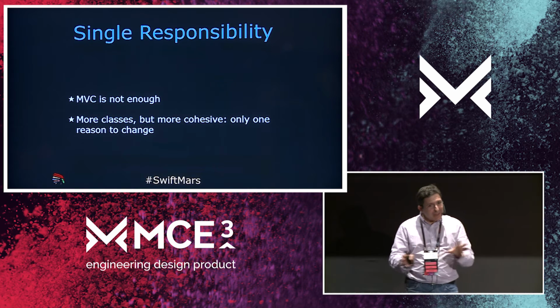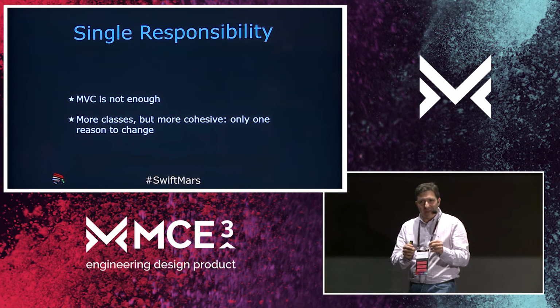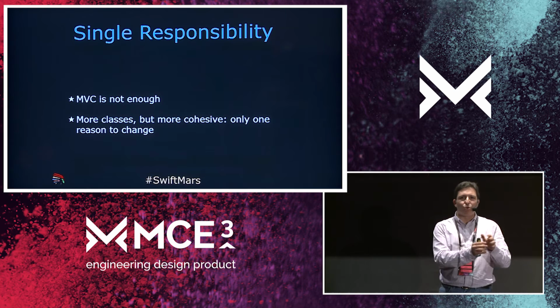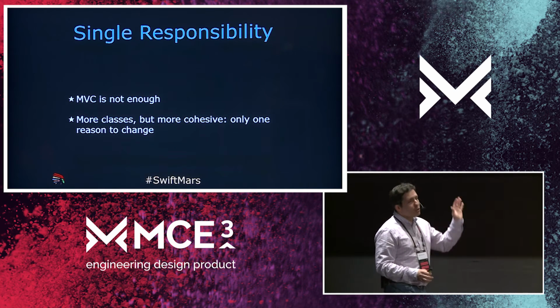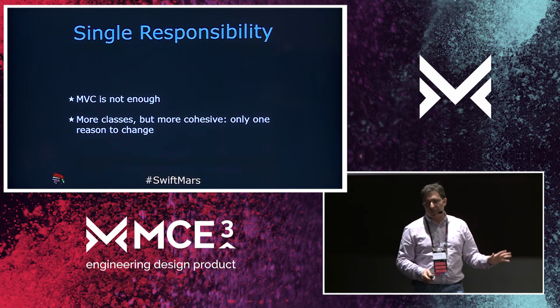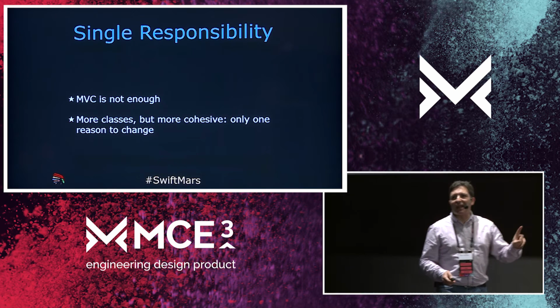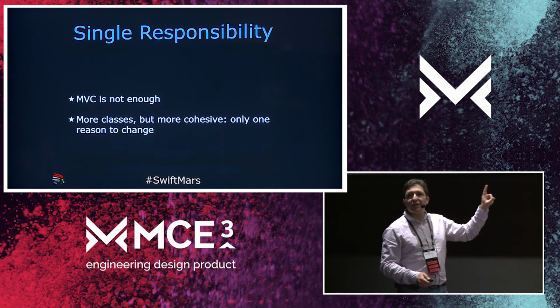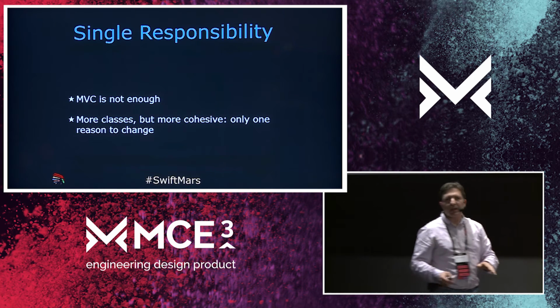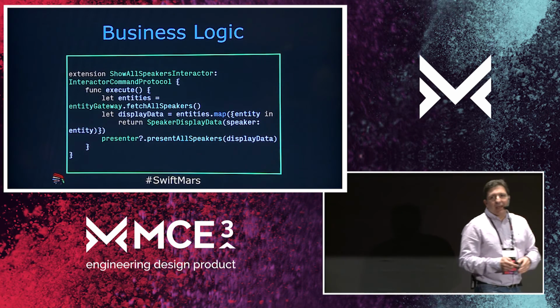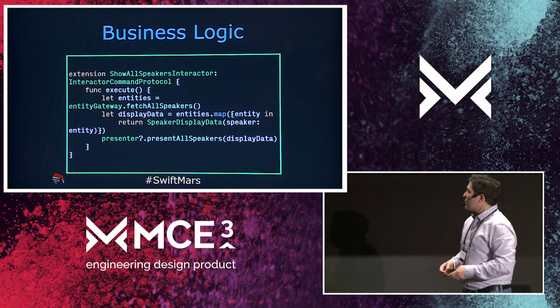So responsibilities here are clear, and sometimes you want to divide it, sometimes it's more efficient to keep them together. But you have to adhere to this principle as much as possible. Notice that it doesn't say law, it says principle. Okay? So let me give you an example of how this works.